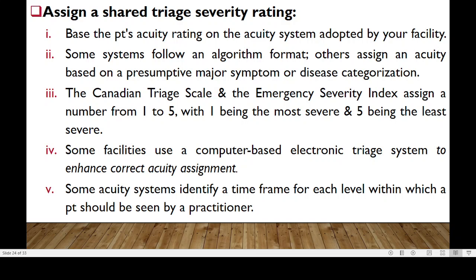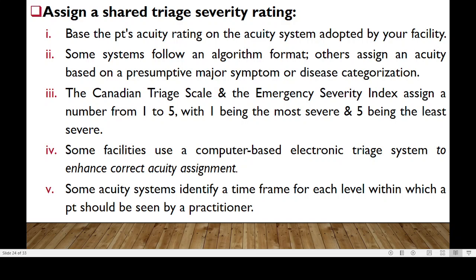Assign a triage severity rating. It has to base the patient's acuity rating on the acuity system adopted by your facility. Some systems follow an algorithm format. Others assign an acuity based on presumptive major symptom or disease categorization. We have looked at the Canadian triage system and the American Emergency Severity Index.